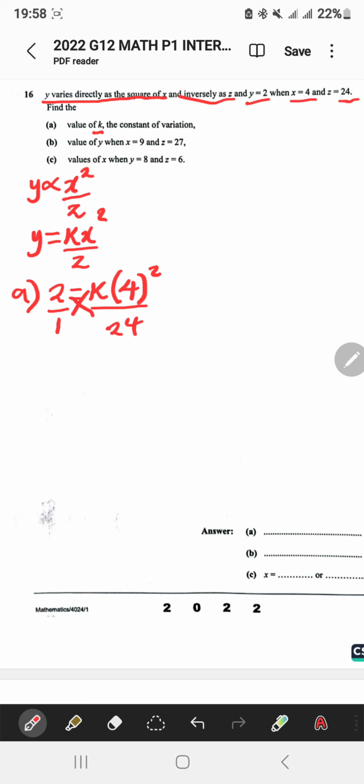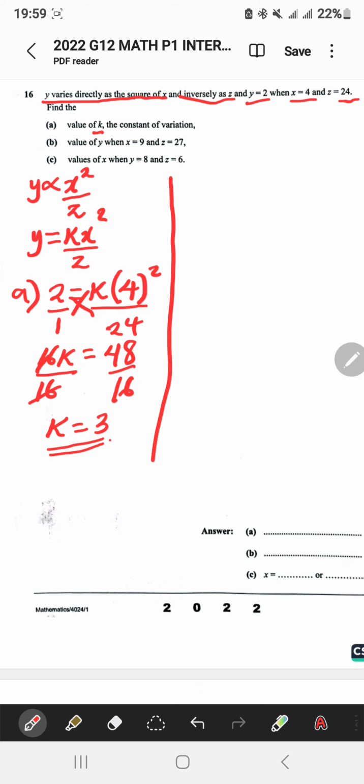So when we multiply k times 4 squared, it will simply give us 16k is equal to, when we multiply 2 times 24, we'll simply get 48. To remain with k, we'll simply divide both sides by 16. So 48 divided by 16 is going to give us 3. Therefore, the answer for the first question is 3.